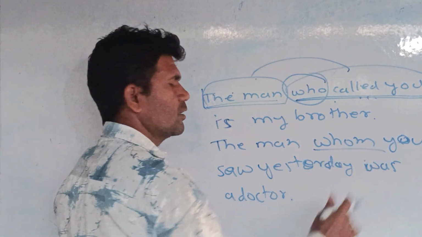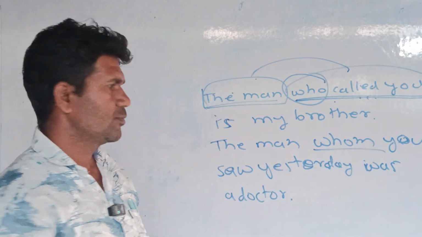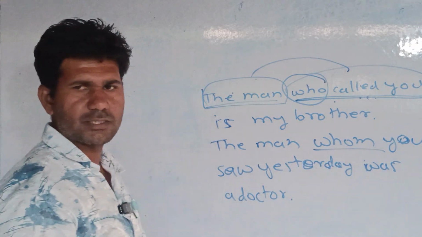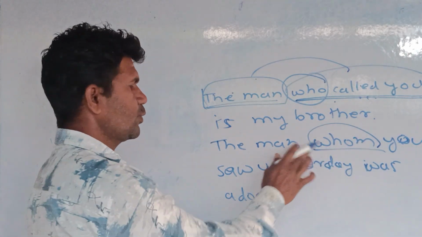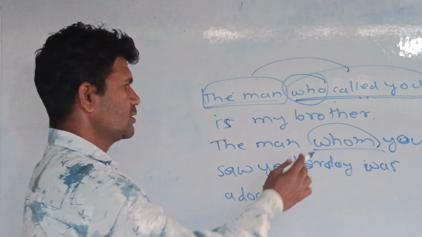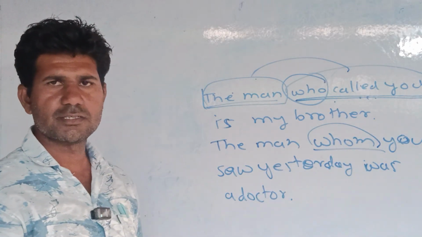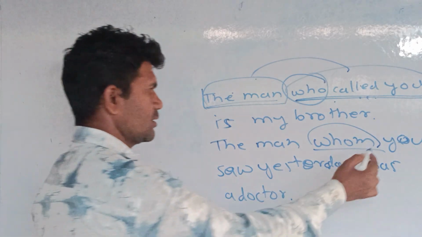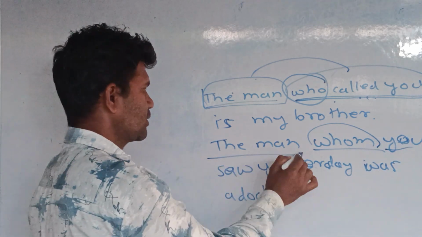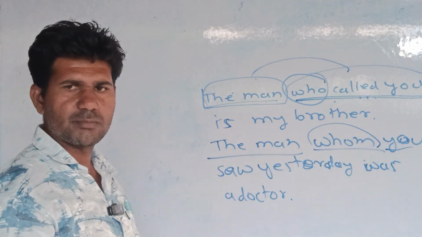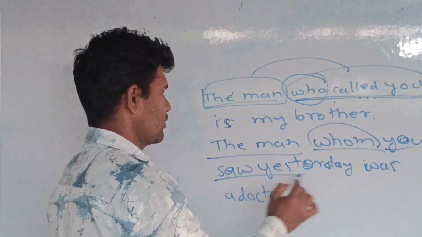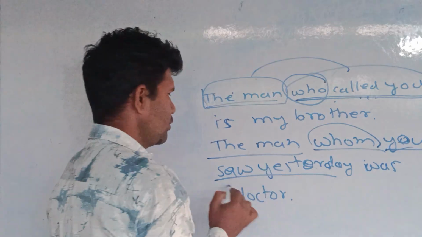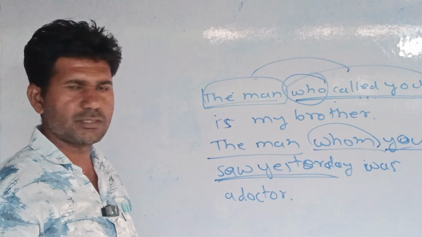Now, why whom is here? Because that person receives action. Then when receives action, we use whom, and this is where it functions as a relative pronoun because it provides information about subject, the man. Which man? The man whom you saw yesterday. Whom you saw is relative clause.